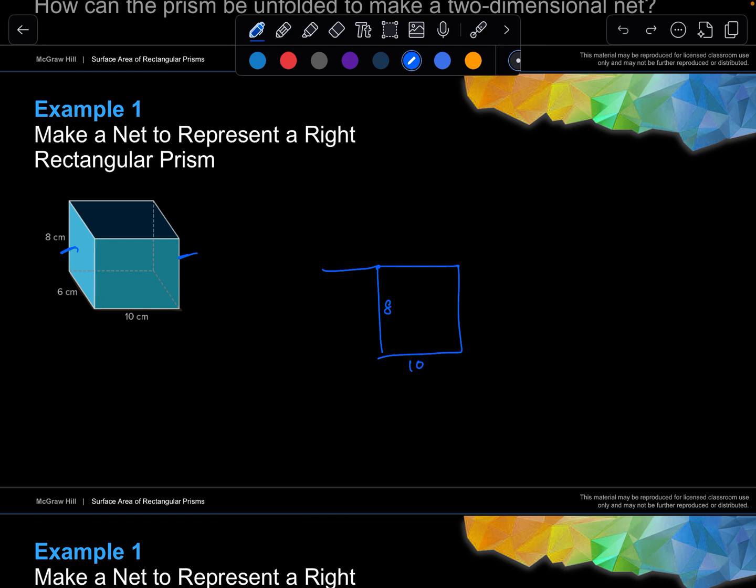Let me show this in another color. This edge is common between the front and the side, and that's going to be this edge over here. So now this edge, when I open it up, the height is going to be the same, 8. But if you see, this side has a dimension of 6 centimeters.